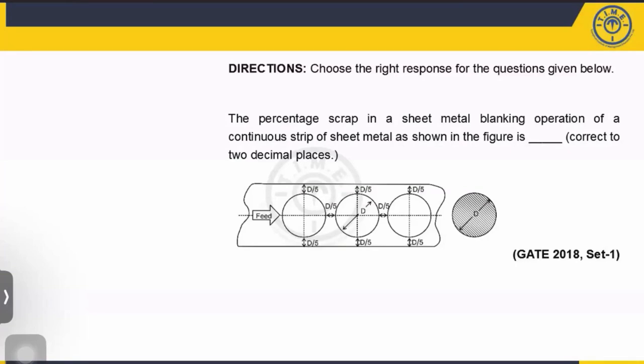Sir, the remaining amount of material in any operation. I will take a sheet metal and cut a circular shape in the middle, and then I will get my desired circular sheet metal, and the remaining material will become my scrap, sir.